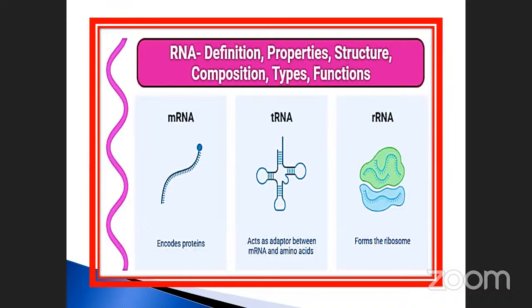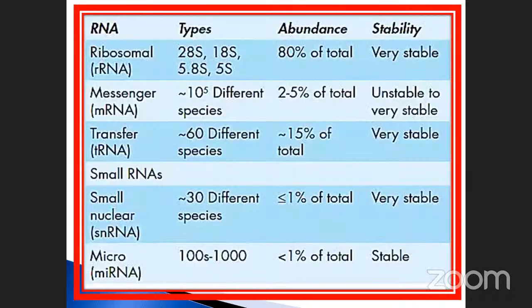See that one, the ribosomal RNA types. How many types are there? 28S, 18S, 5.8S, and 5S. Abundance, about 80% of the total is rRNA. Don't forget, my dear students, this is very, very important.